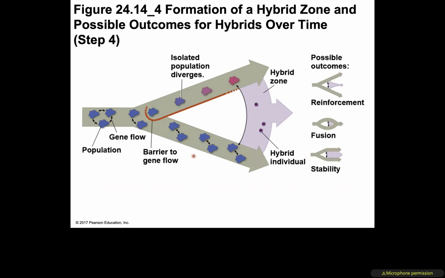So to look at this little diagram, you have an original population, okay? So there's gene flow between the populations. You can have population, population, population, they're neighboring, and you've got gene flow going between them. Okay, and so then now you have these two populations with gene flow between them, and now you have a barrier.